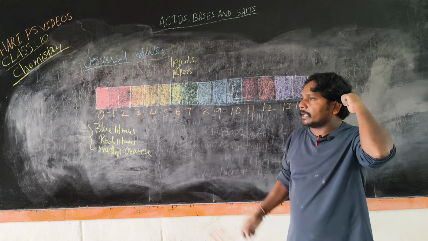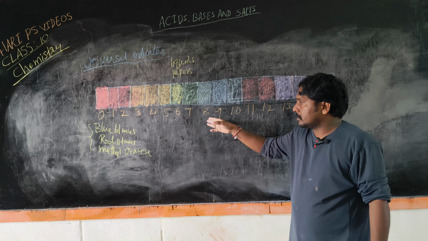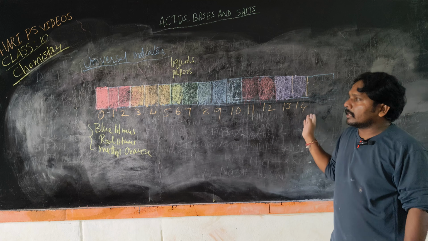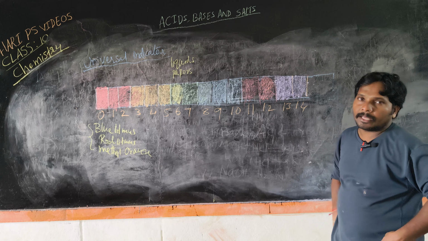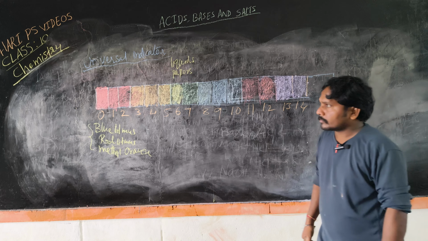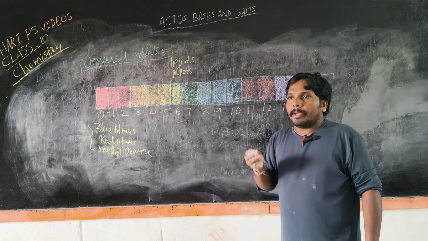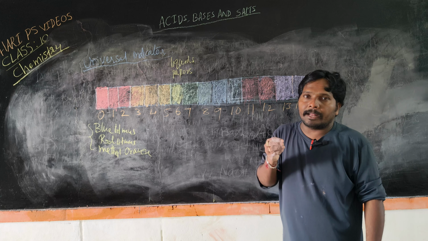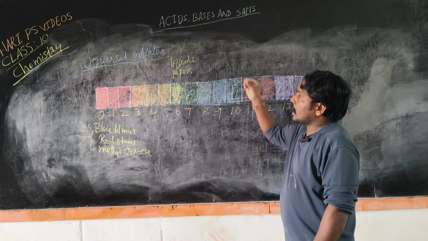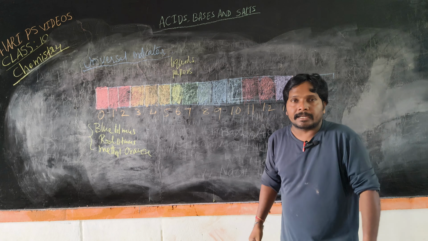This universal indicator in the form of paper consists of all colors with numbers.